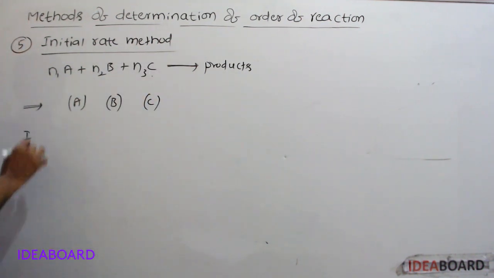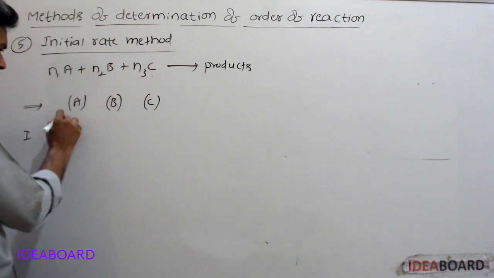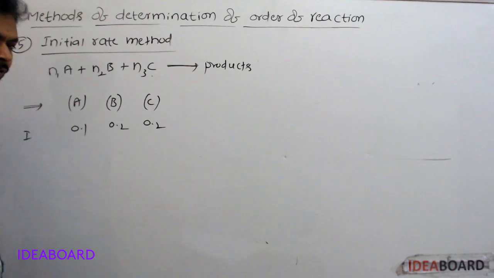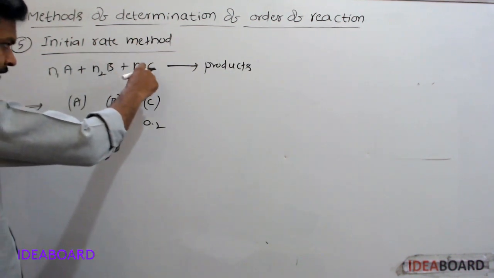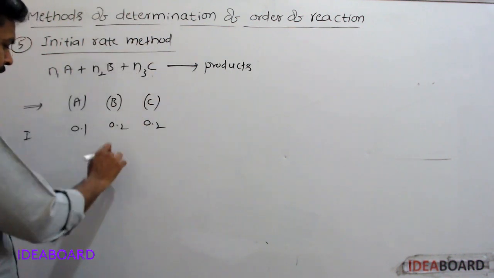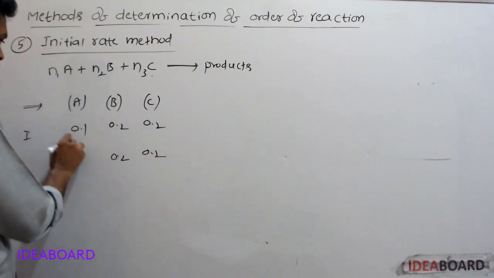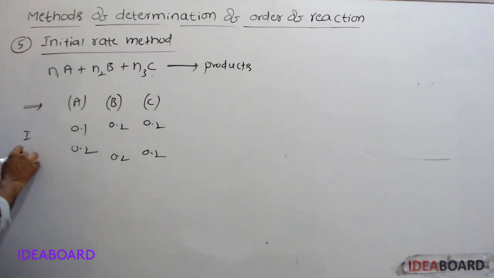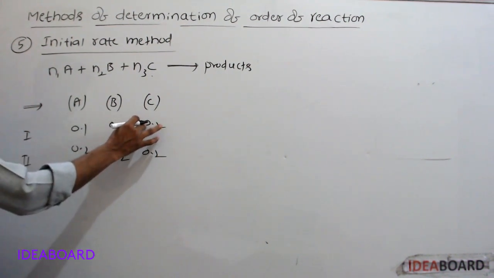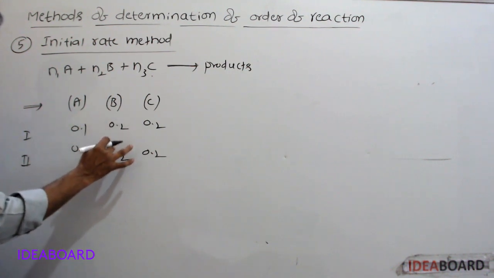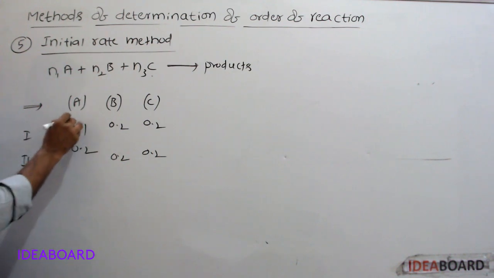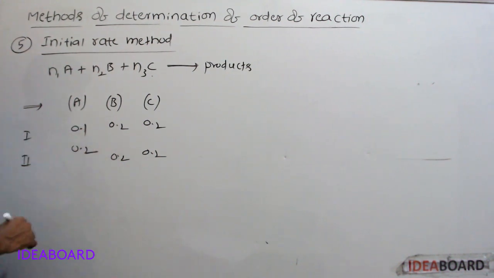So in the first experiment, suppose the initial concentrations of A, B, C are 0.1, 0.2, 0.2 moles per liter. By keeping B and C concentrations constant, A concentration is doubled, 0.1 becomes 0.2.